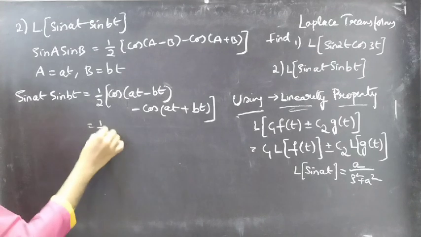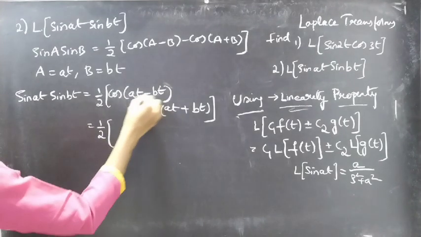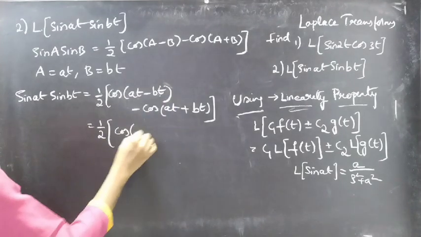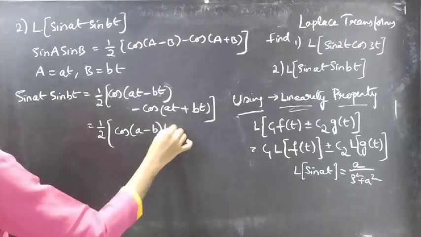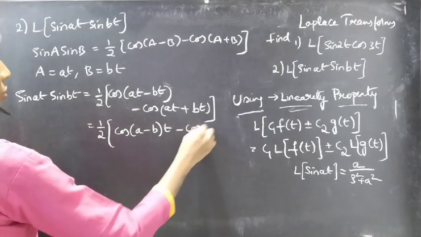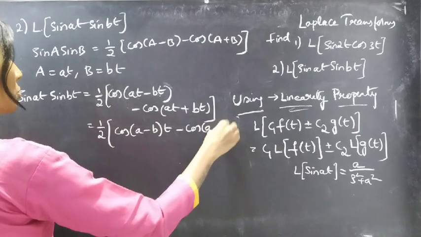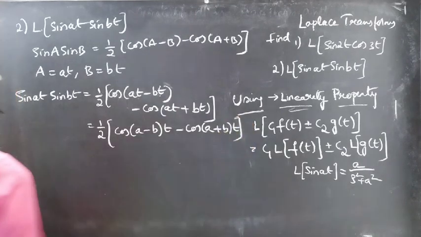This gives us 1/2 of, take t common from these two terms, we'll get cos of (A minus B) into t minus cos of (A plus B) into t, right?